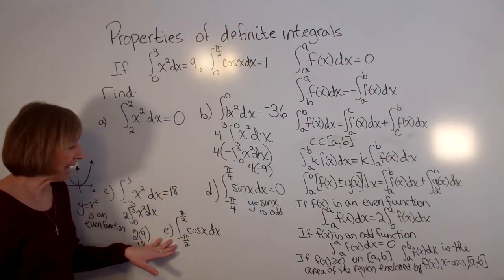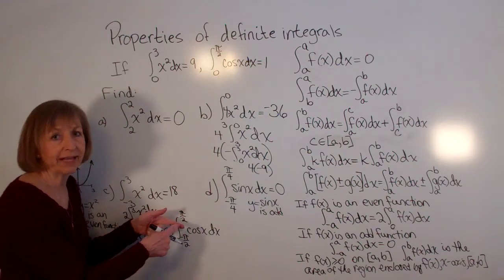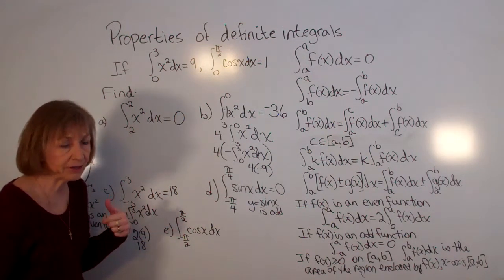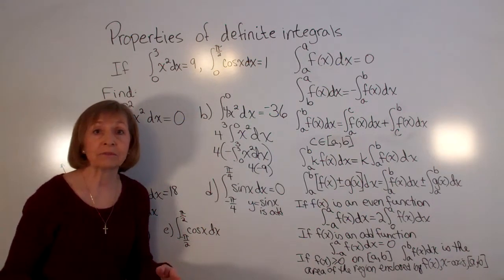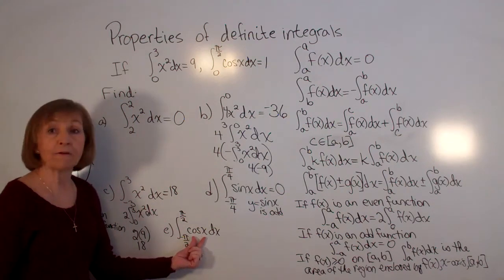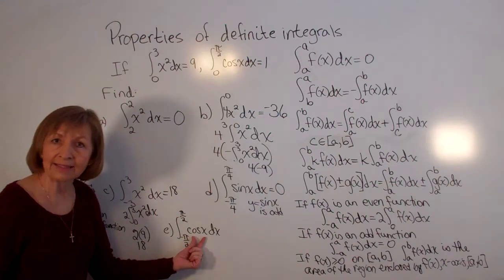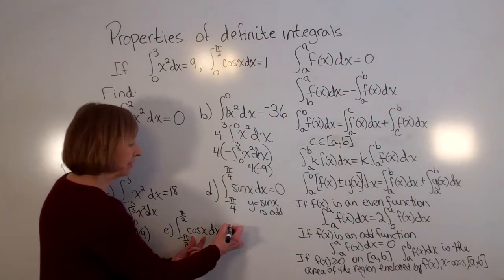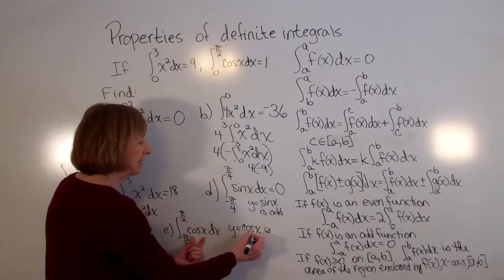Okay, and then last up, I have my definite integral from -pi/2 to pi/2. I've got those opposites on my endpoints of integration. It's not always going to be the case that it's an even or odd function, but a lot of times it might be. And so here it's of cosine x dx. And remember, cosine x is an even function. So y equals cosine x is an even function.